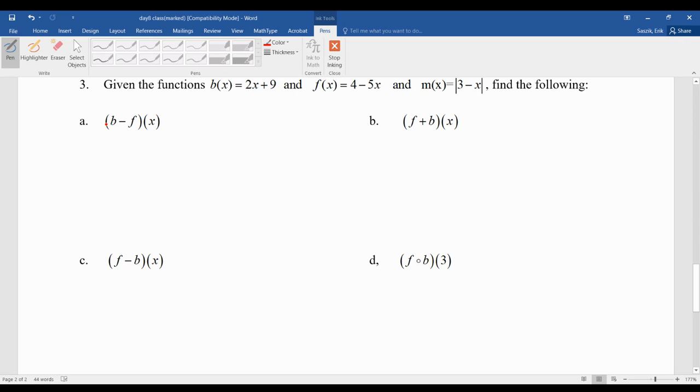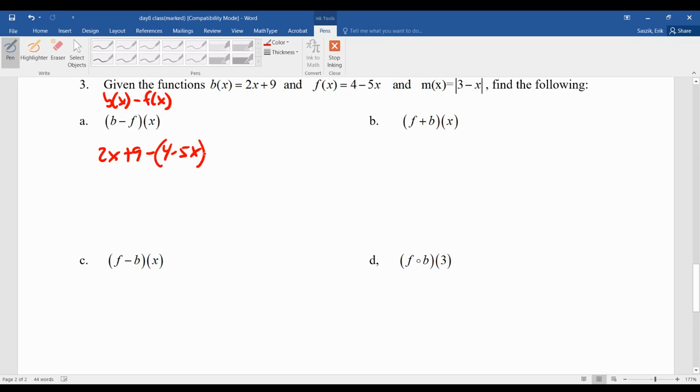Well, there's no number, so this is b of x minus f of x. Okay. Well, b of x is what? 2x plus 9. Now you got to be careful with this next thing. We have to subtract f of x, which is 4 minus 5x. And a lot of times, students would write that down and think that they're done. But you see, we're subtracting this f of x quantity.